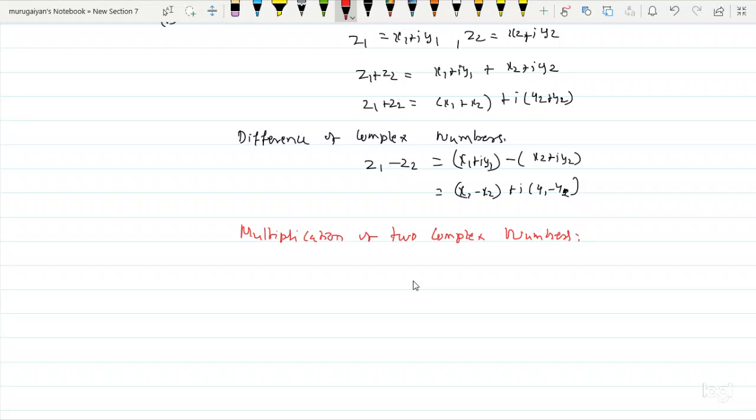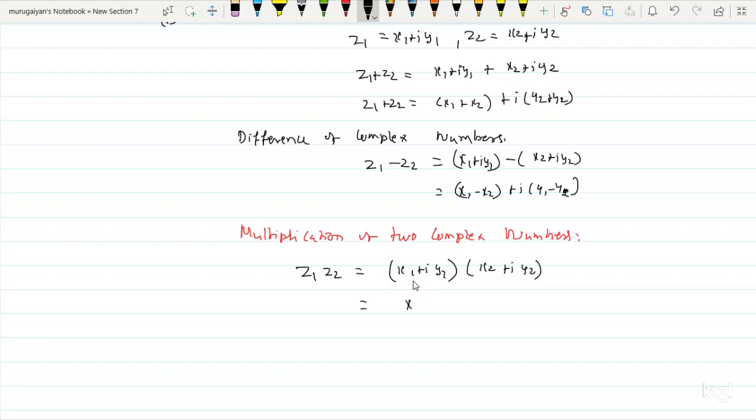The multiplication of two complex numbers, z1 into z2. You can take it straight away: x1 plus iy1 into x2 plus iy2. Okay.